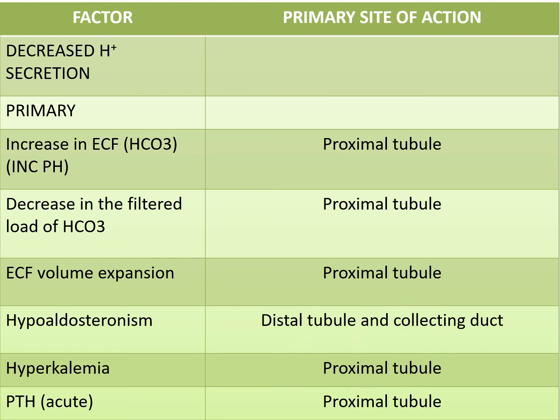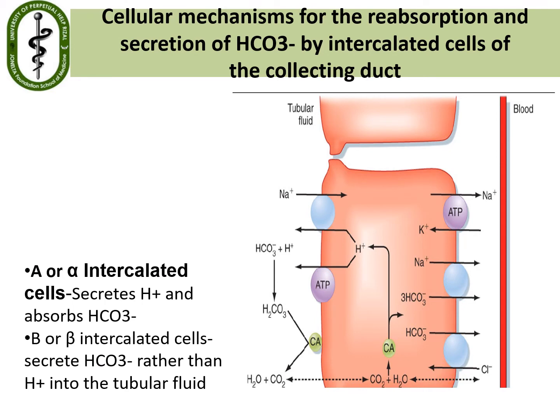This slide shows the mechanism for the reabsorption and secretion of bicarbonate by the intercalated cells of the collecting duct. For your orientation, this is the tubular fluid, and this is the blood. This is your intercalated cells, and what's important is there is secretion of your hydrogen to the tubular fluid and absorption of your bicarbonate to the blood.